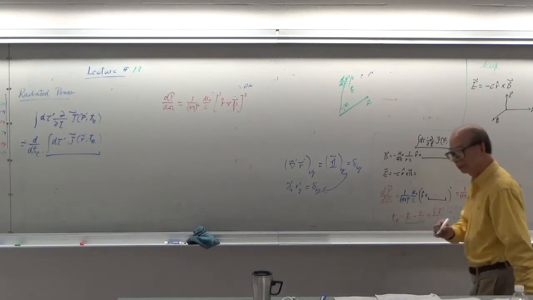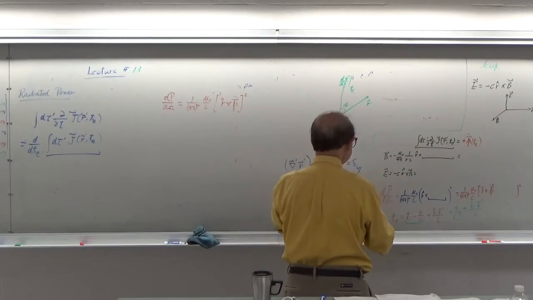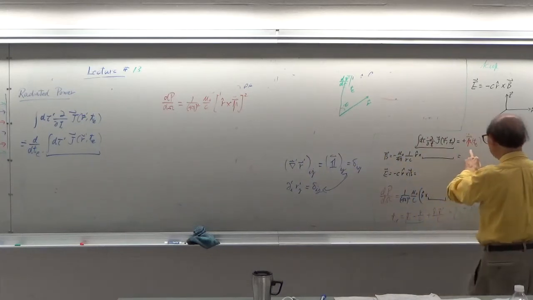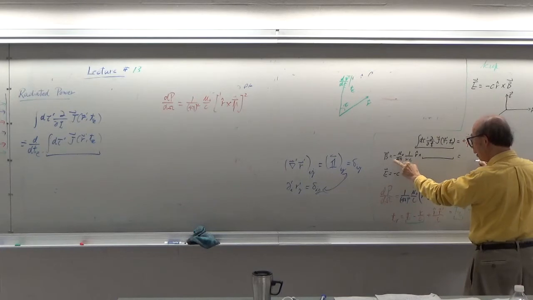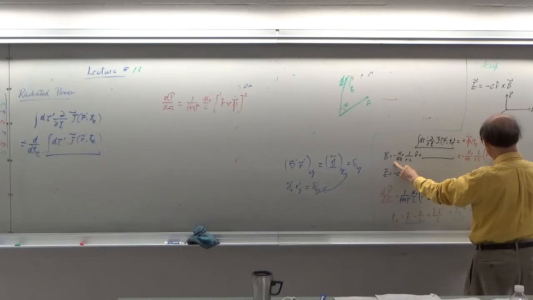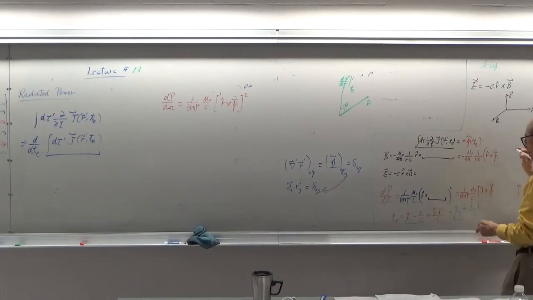Also, since this has been evaluated to be P double dot, I can write B as minus mu naught over 4 pi, 1 over r c, r hat cross P double dot.